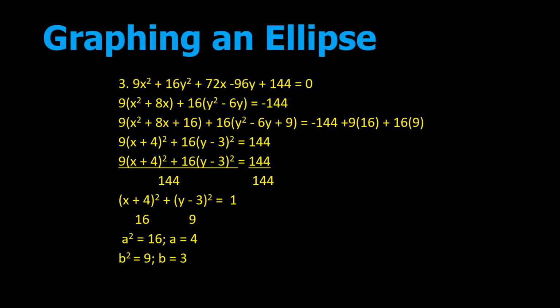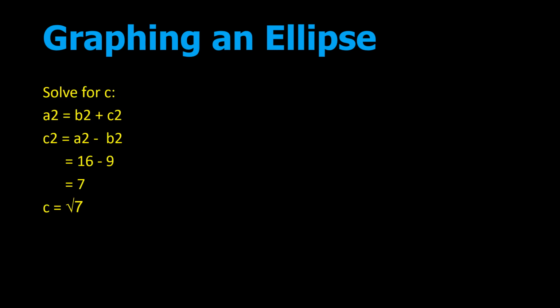So, the value of A is 4, the value of B is 3. Okay, so A squared is 16, B squared is 9. So, B is equal to 3 and A is equal to 4. Okay, so solving for C first, we will use C squared is equal to A squared minus B squared.